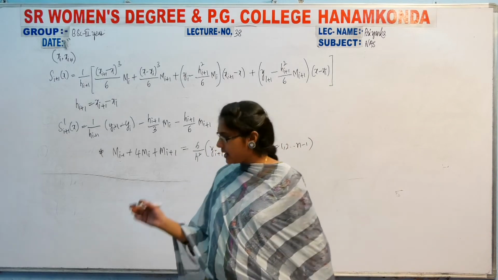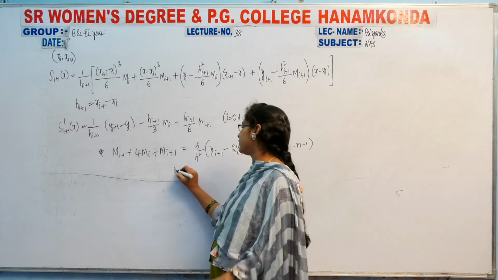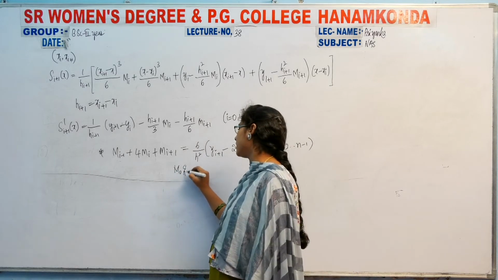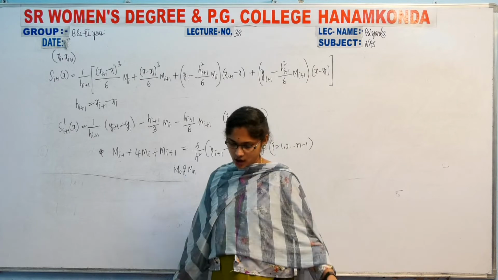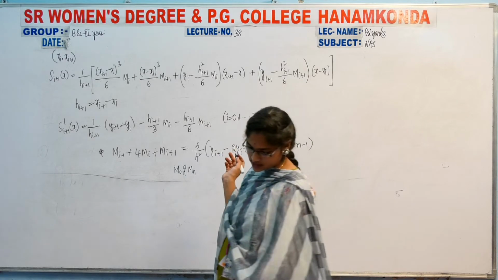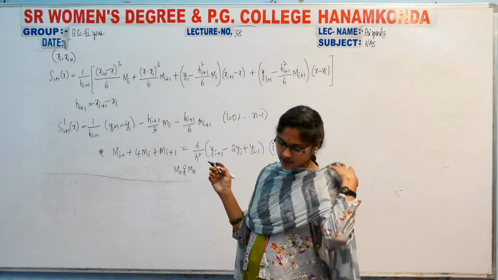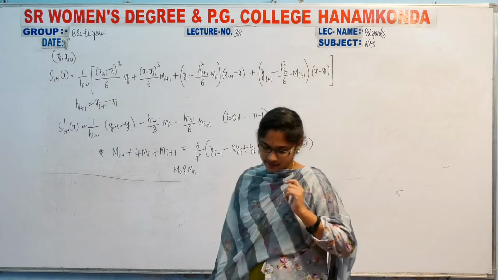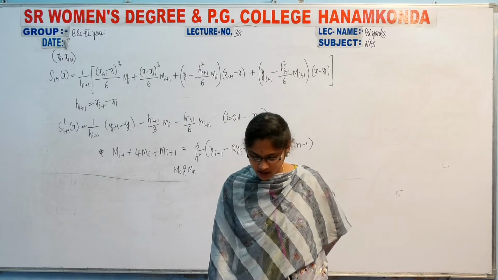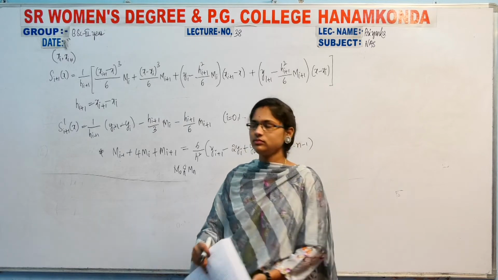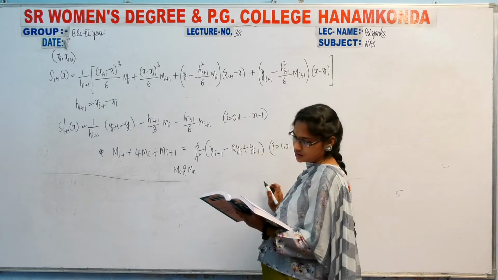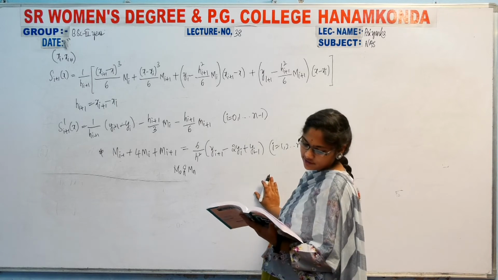If capital M naught and Mn are known, then the system can be written in different forms.